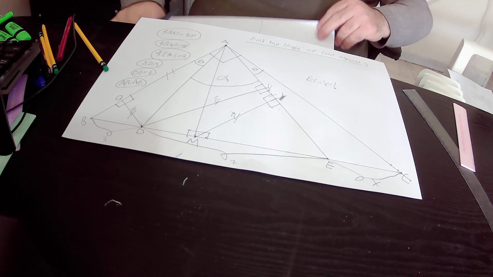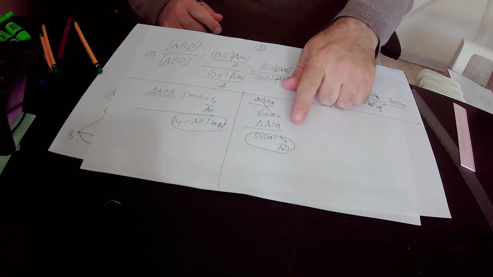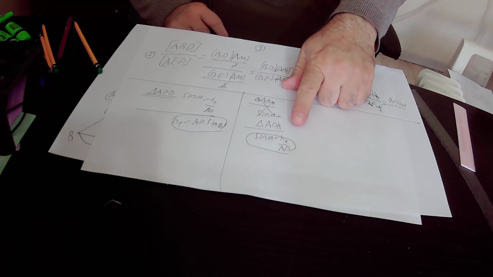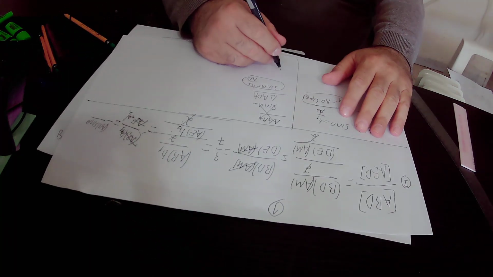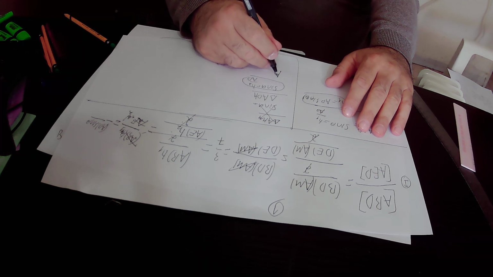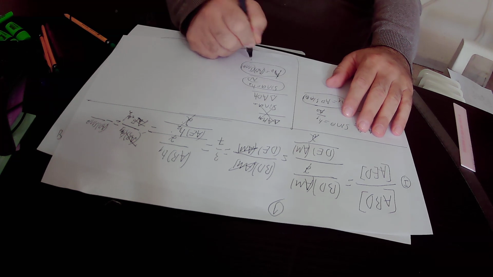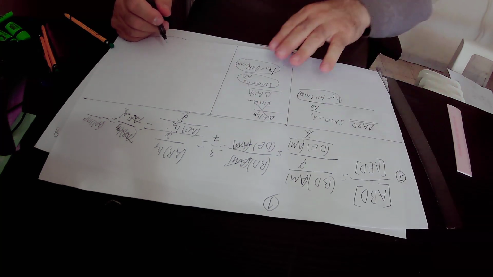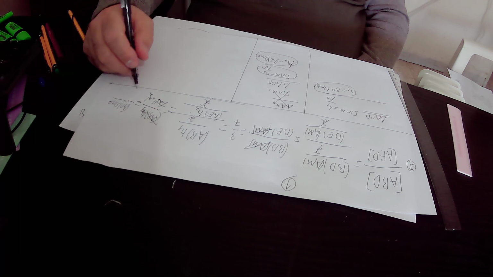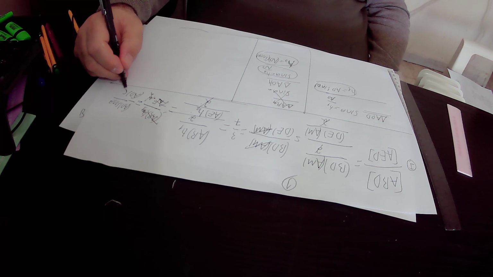So we multiply this equation by AD, and we get that H2 is equal to AD times sine alpha.